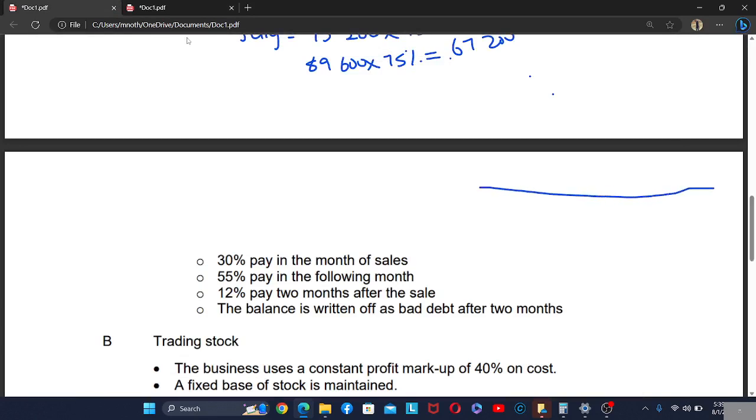It's for 12%, 55%, and 30%. So 30% pay in the month of sale, 55% in the month following the month of sale, and 12% pay 2 months after the sale.